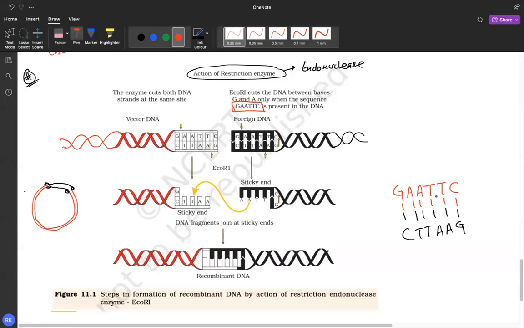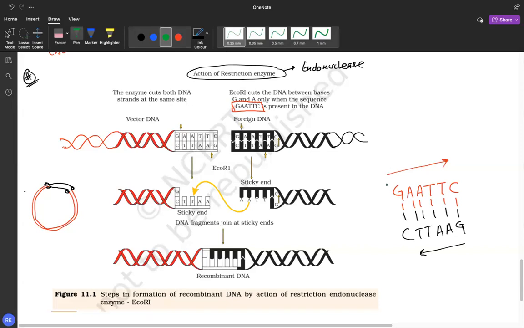So this is the sequence. EcoR1 will recognize it in this direction, and on the other strand, EcoR1 will recognize it in this direction. Am I correct? Yes.